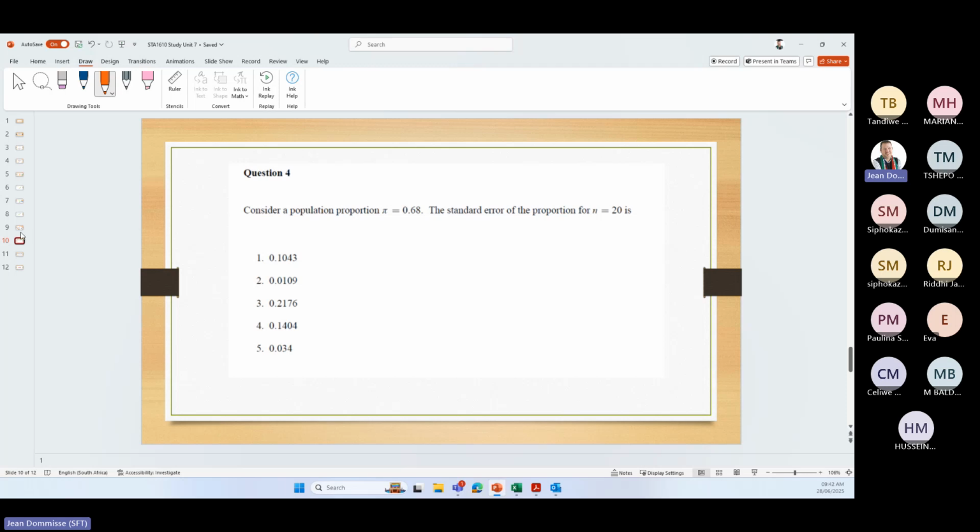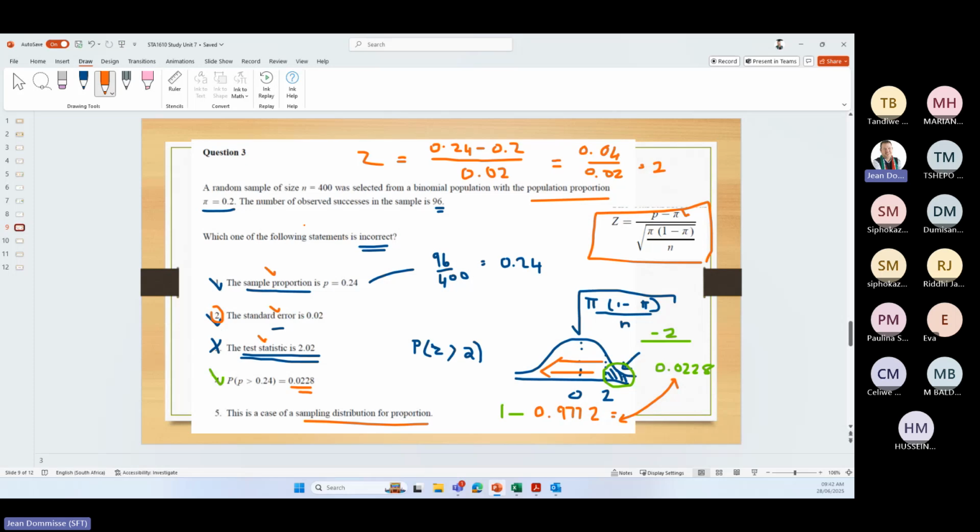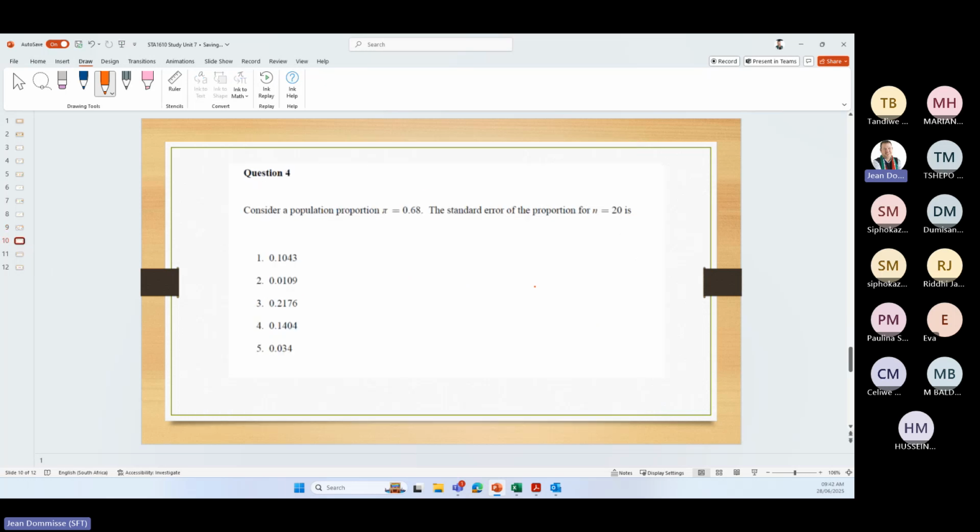But they could have easily given you the population proportion and the sample proportion, and then said work out the standard error. So just be careful that here they just say to us, okay, standard error.